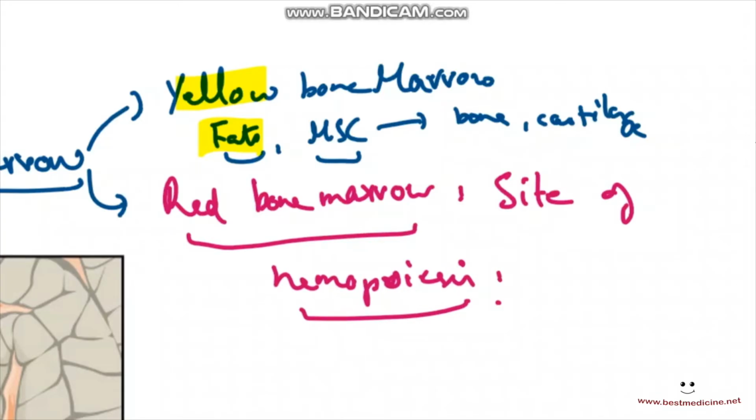So for example, we have different kinds of immune cells like lymphocytes and phagocytes and eosinophils, basophils, neutrophils. We also have red blood cells, right? We also have platelets. All of them form inside red bone marrow in a process called hemopoiesis.